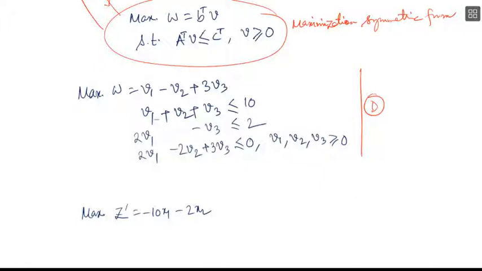I mean no slack and surplus variables will be there in the objective function, but the artificial variables will have the cost minus m in the objective function.